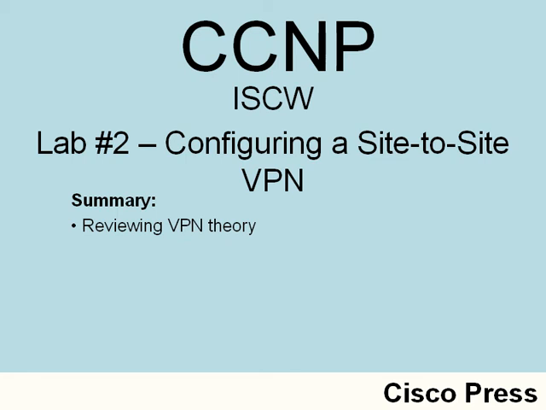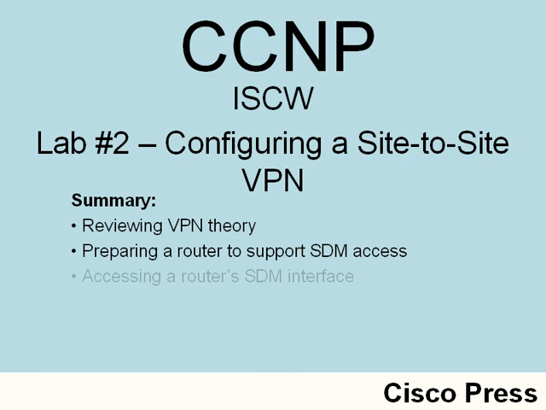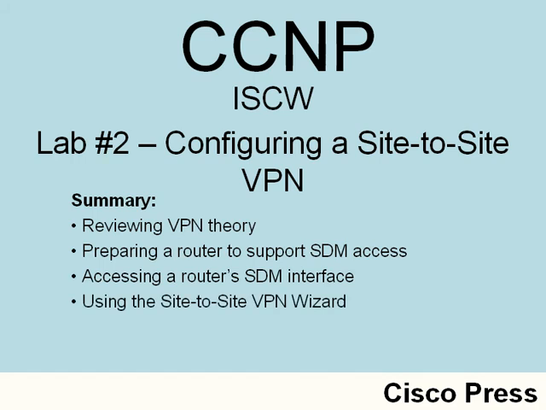We discussed how we could prepare the router to support SDM access via a GUI interface using a browser. We took a look at how we could then go out and open up that SDM GUI interface on the router, and we used the Site-to-Site VPN wizard to configure our IPsec tunnel.